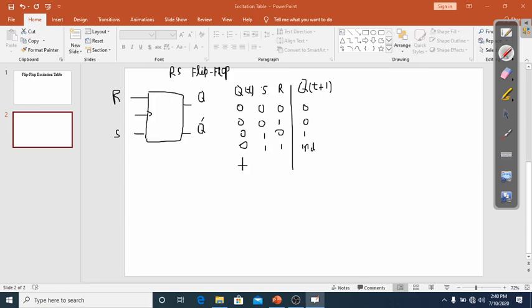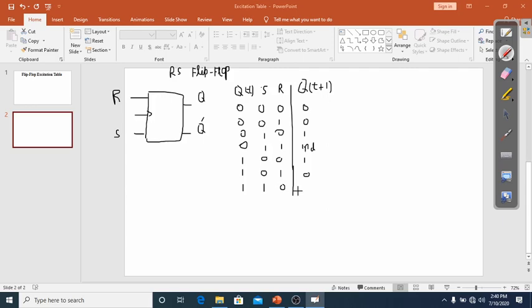Next, when the present state is equal to 1, set is equal to 0, reset is equal to 0, then there will be no change. The present state will remain the same. Next, we have present state equal to 1, set equal to 0, reset equal to 1. So when reset is equal to 1, the next state would be equal to 0. Present state is equal to 1, set is equal to 1, reset is equal to 0.